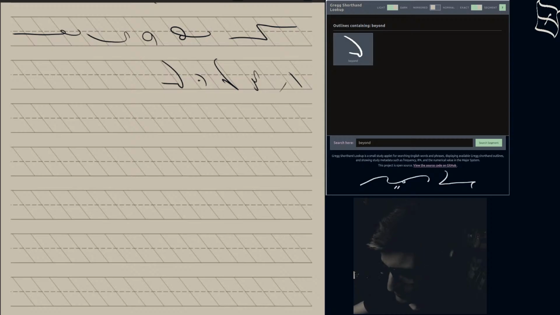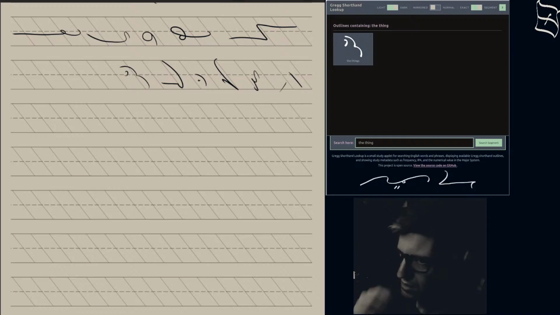Okay, so here we go. Think beyond. By doing this, you will elaborate. You also have to think beyond the things you read. The things. Did I add the things? Yes, excellent. I have added the things. You will think beyond the things. Where's that?